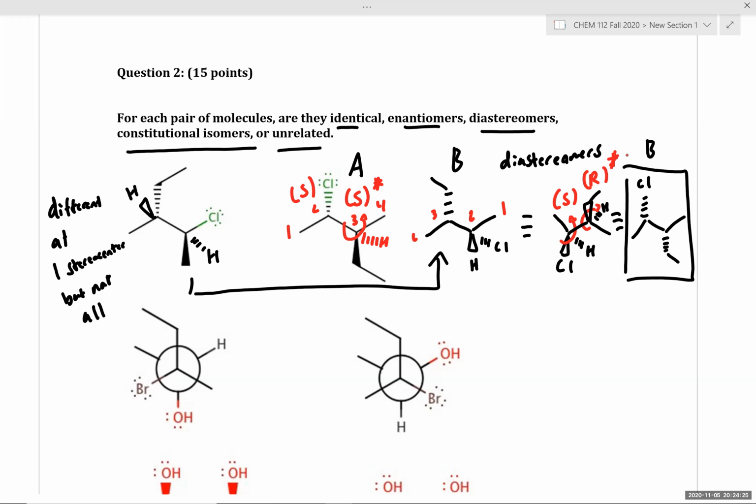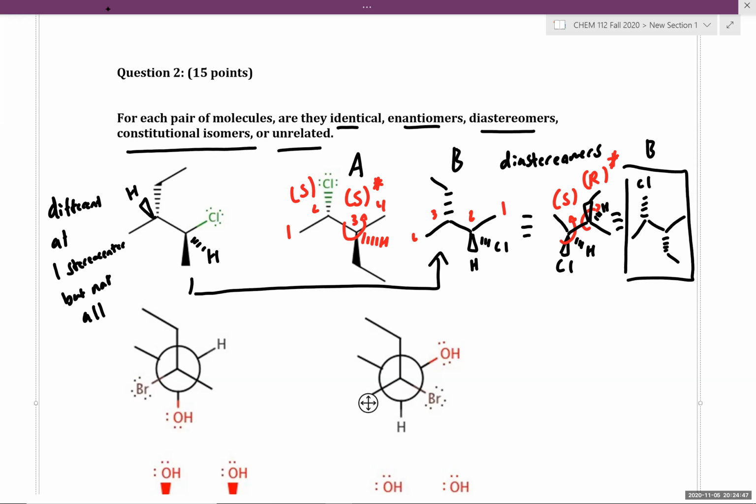So those are the two main methods. I find the rotate and match method is easier to visualize because you can literally take the model kits and shove them on top of each other and see whether they match or not. But the assignment method is also valid and can save you time if you're faster with it.